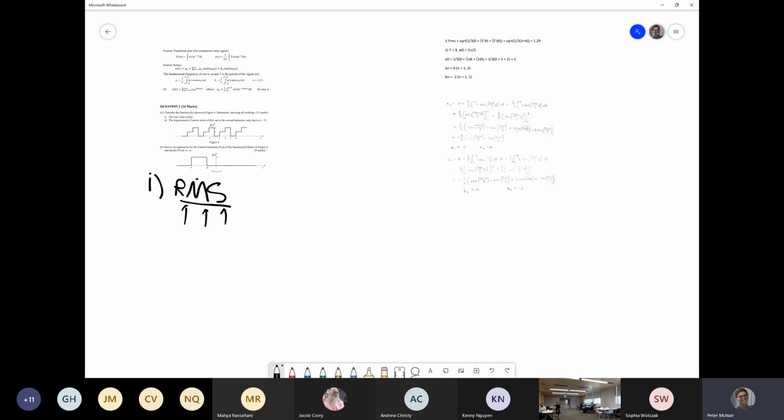Let's square this. So f of t, if we write it out, is 0 from 0 to 1. It's 1 for 1 less than or equal to t less than or equal to 2, and 2 for 2 less than or equal to t less than or equal to 3.